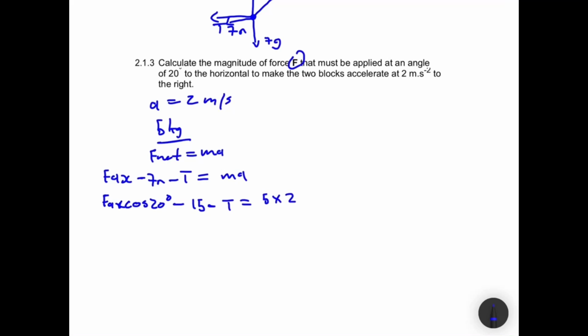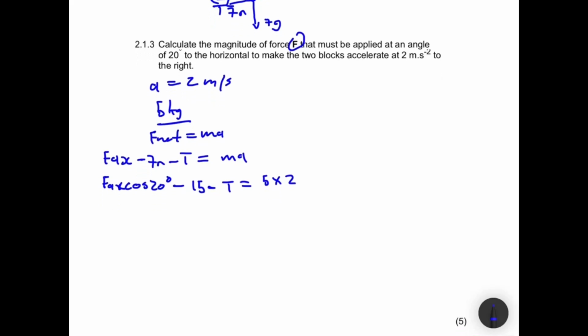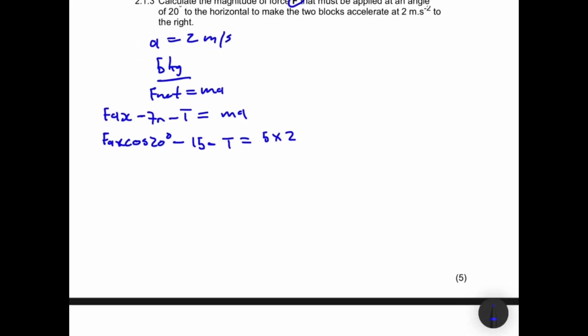The question says, let's find the magnitude of the force F that must be applied if the blocks will accelerate at 2 meters per second squared. So now, let's go ahead and solve for Fa cos of 20 degrees, right? So we have Fa cos of 20 degrees being equal to, so we're moving minus 15 to the right hand side and minus tension, right? But then on the right hand side, we have 5 multiplied by 2, which is just 10.